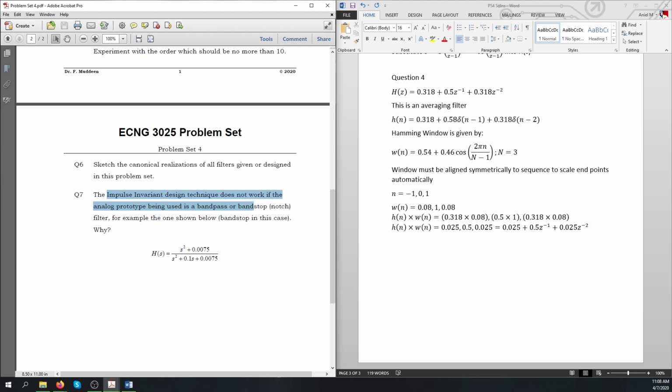The reason is that the impulse invariant design technique tends to preserve the impulse response of the original analog filter by digitizing the impulse response of this filter. However, it does not digitize its frequency response. And this method is inappropriate for high pass or band stop filters because, since it does not take into consideration the frequency response, aliasing can be inherent in the design of the filter.